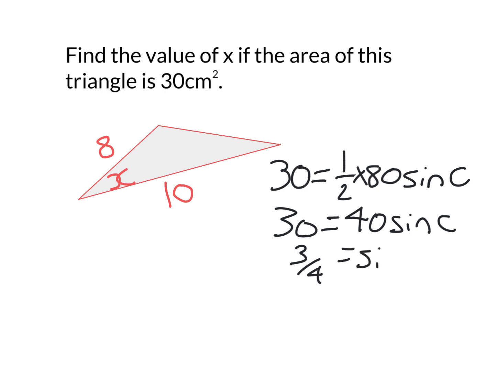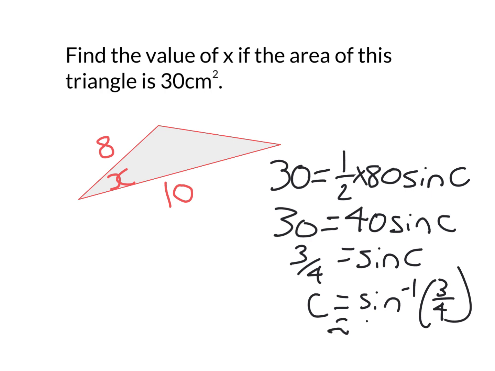And if we want to undo taking the sine of something, we take sine inverse. So the angle here will be sine inverse of 3 over 4. So if we put that in our calculator, making sure we're in degrees mode, we get about 48.6 degrees. So here C, the angle in between, is just x, so we conclude that x is 48.6 degrees.